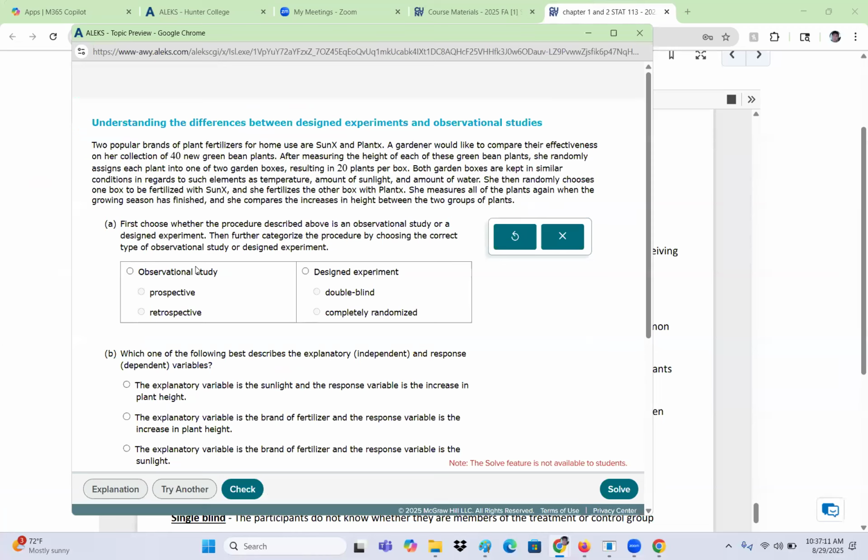Usually the observational study doesn't take that long. We just record the result. The designed experiment might take longer, and you have to give some treatments along the way. So you measure all the plants again when the growing season has finished. You compare the increases in height between the two groups of plants.